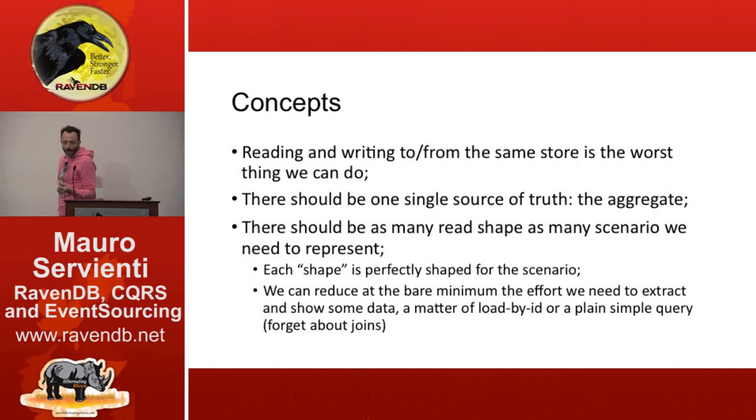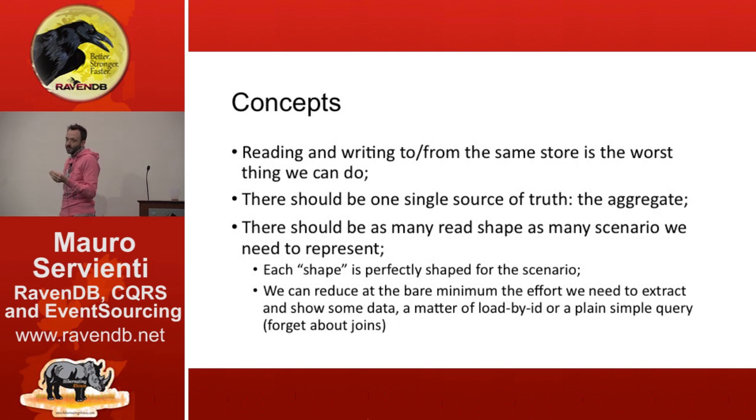And what CQRS says is that you should have as many read shapes as many scenarios you have. So if the same data is displayed, think about it as screens on the end user application.